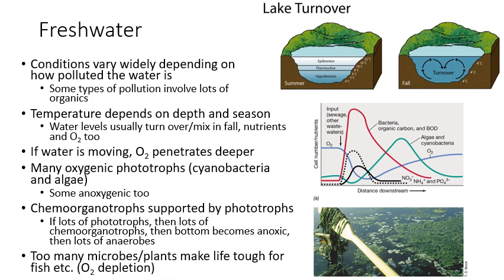The temperature of freshwater depends on how deep the water is and, of course, what time of year it is. So usually you would have higher temperatures at the surface of the water, and as you go deeper, the temperature would drop. And during the summer months, you get stratification in freshwater.